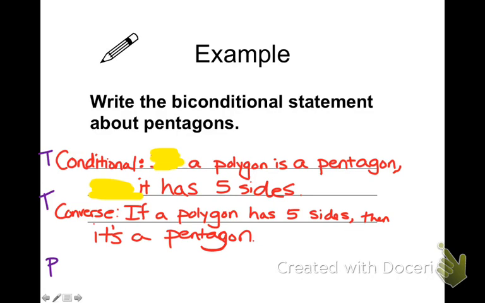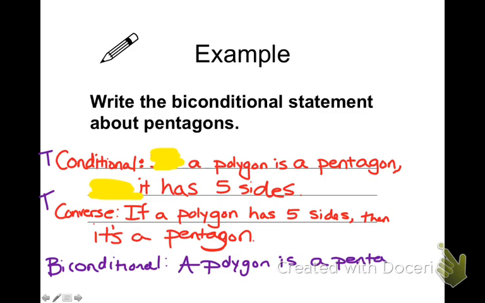So my biconditional statement is going to be a polygon is a pentagon if and only if, oops, it has 5 sides. I didn't do that right. It has 5 sides.